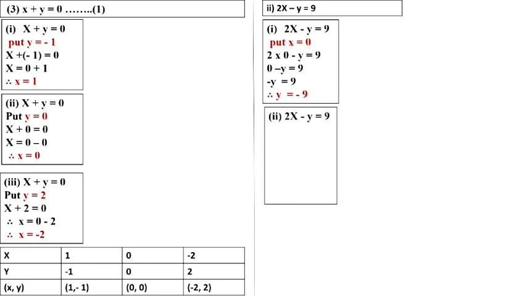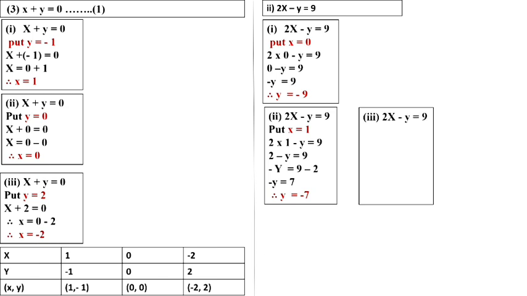Now student, 2x minus y equal to 9 is the equation. Now we will take the x value as 1. Substitute the value 1 and here we get 2 minus y equal to 9. So minus y equal to 9 minus 2, which is 7. So y equal to, the minus sign will go to the 7, become minus 7.